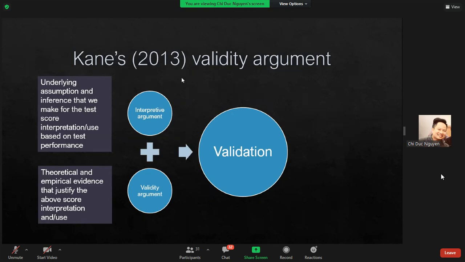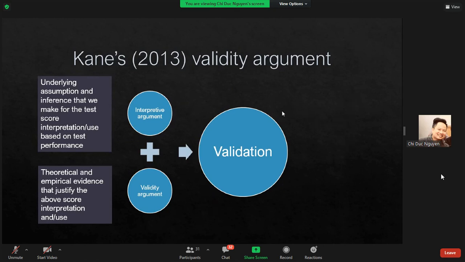And the second one, for example, is that the test does reflect the underlying construct that I am going to measure. So that is another assumption. And the next one is that my student's health was adequate and sufficient on the test day. That is another assumption. So we have many assumptions in order to make the final decision that the student should go up into the next course or the student needs to retake the whole course.